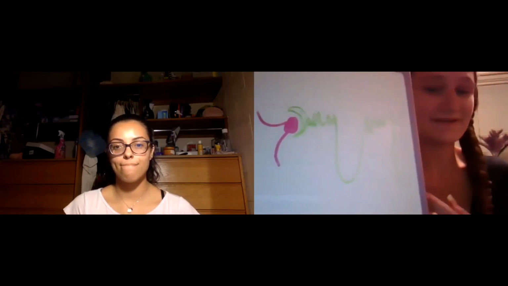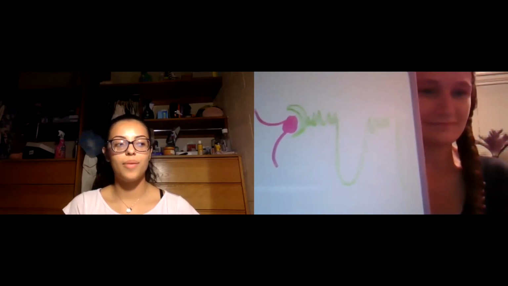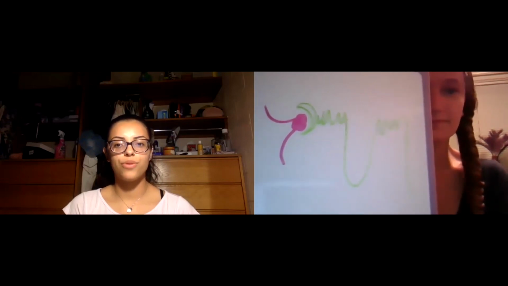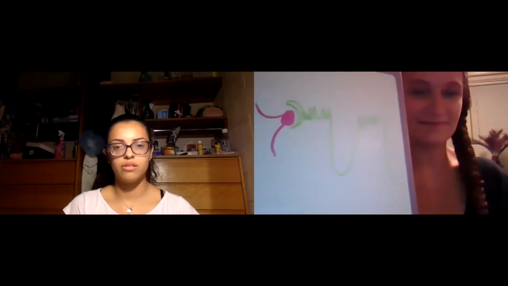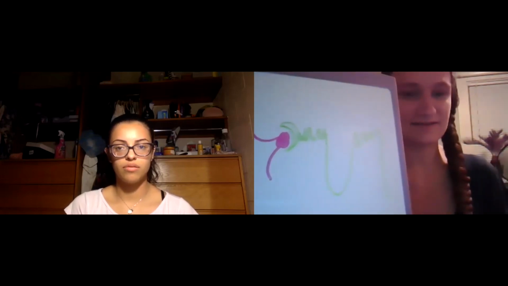Yep. So the red part is called the glomerulus. What did you say that does again? I think it uses osmoregulation to filter out salts, but I'm not sure. Yep. That's where your blood gets filtered and the plasma is taken out.